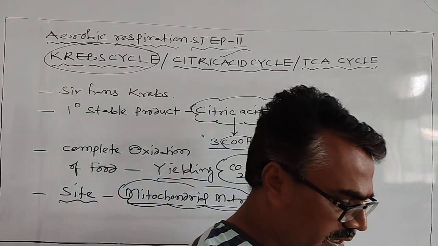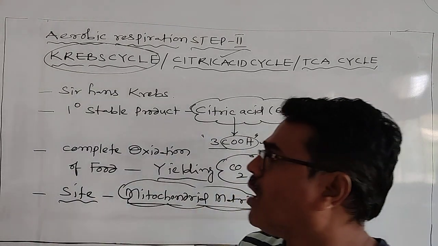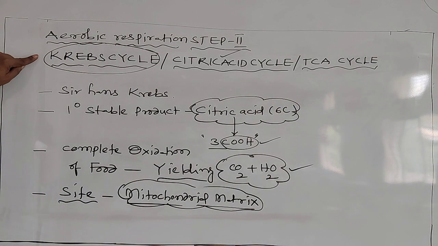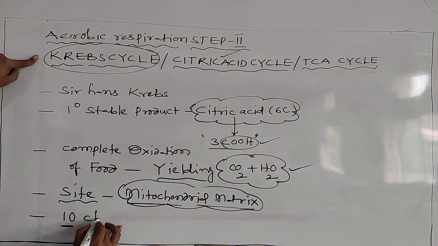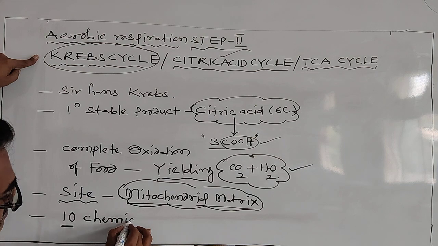Next, in this Krebs cycle, the total number of chemical reactions is 10.